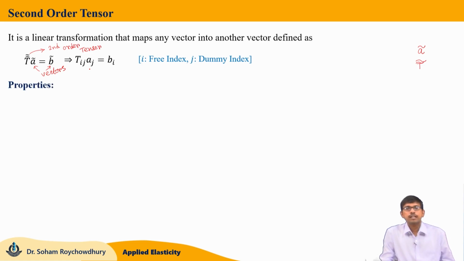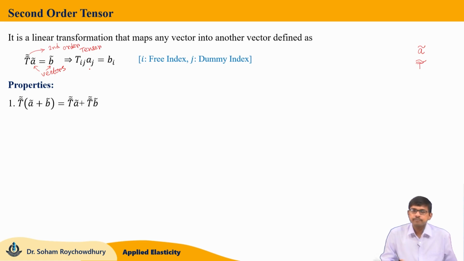Now, coming to the properties of this linear transformation, the second order tensor. As it is a linear transformation, it follows the laws of linear superposition. If you consider two vectors A and B, and this tensor T is acting on A plus B, that will equal the sum of T acting over A plus T acting over B, the individual operations.